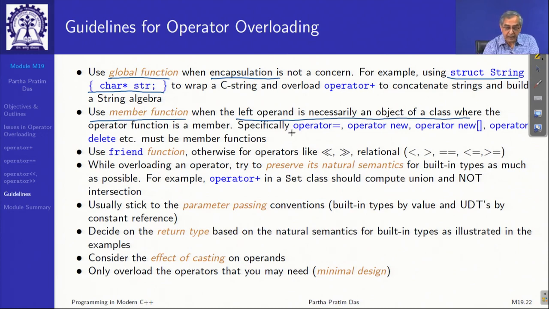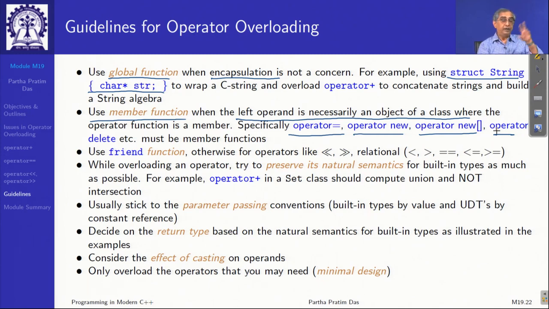Specifically, there are operators which will have to be overloaded as member functions, like operator assignment, which you have already seen, operator new, operator array new, operator delete, and so on. They all will necessarily be members. So, it is not a generalization that you will always do friend.